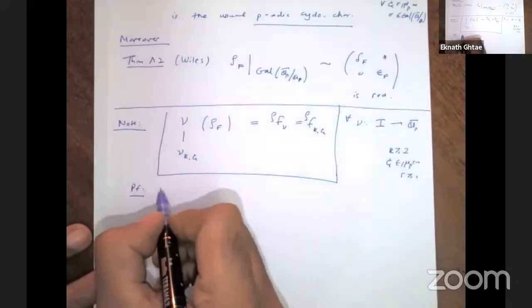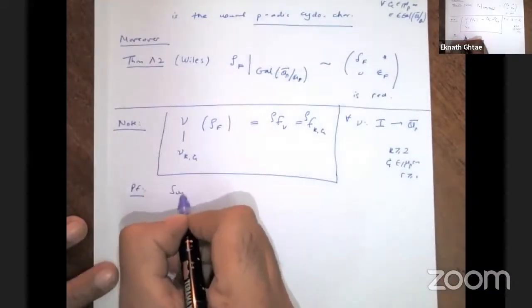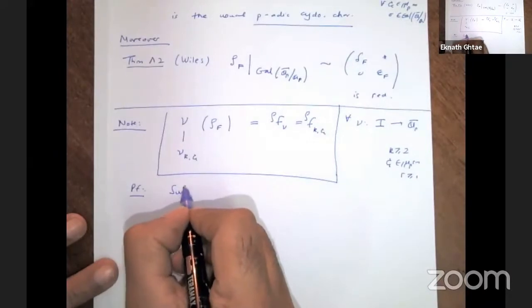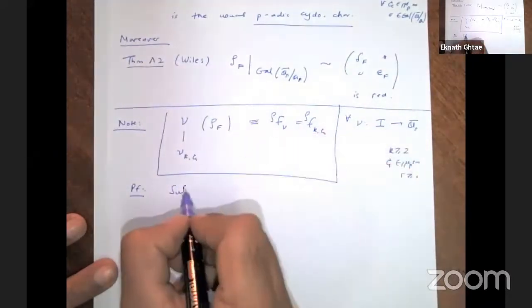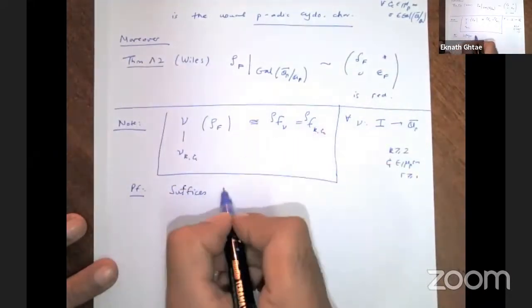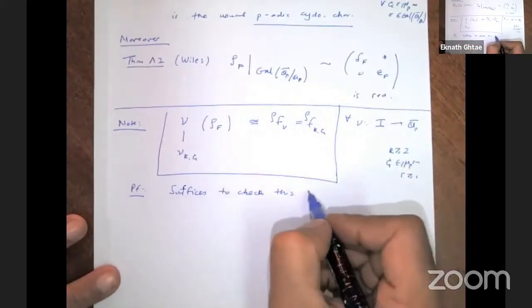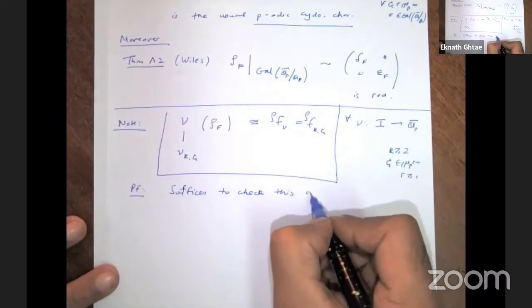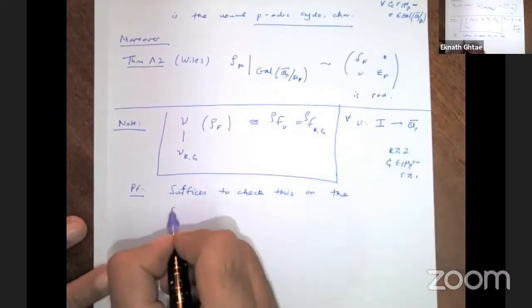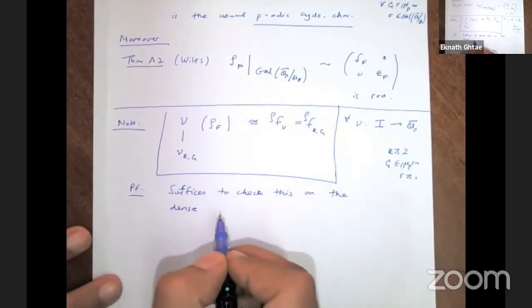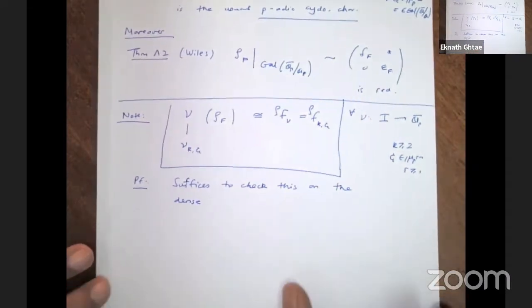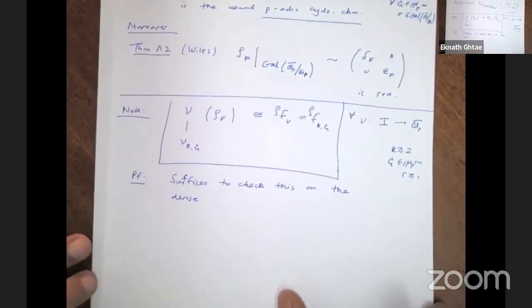Proof. It suffices to check this. This is an isomorphism, of course. It suffices to check this on a dense set of Galois elements. So if two representations agree on a dense set, by continuity they agree on the full set.